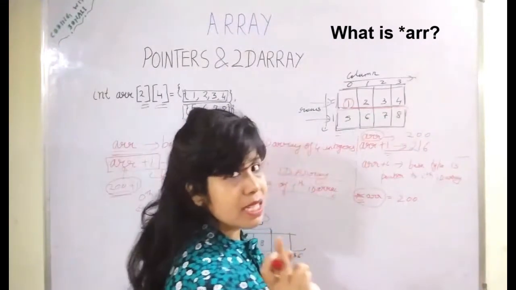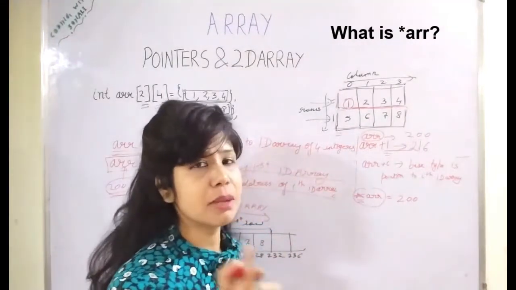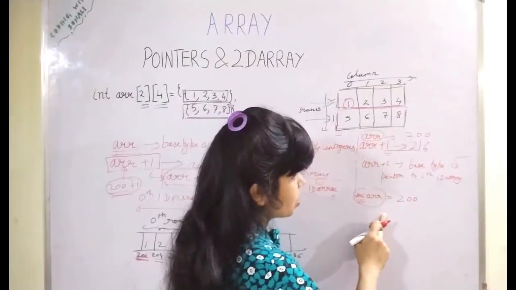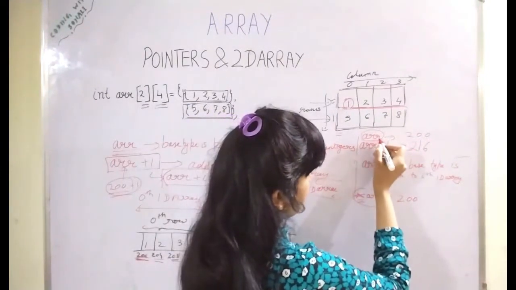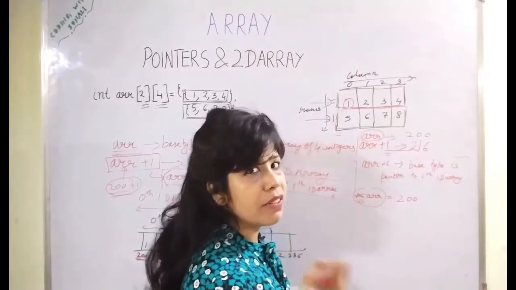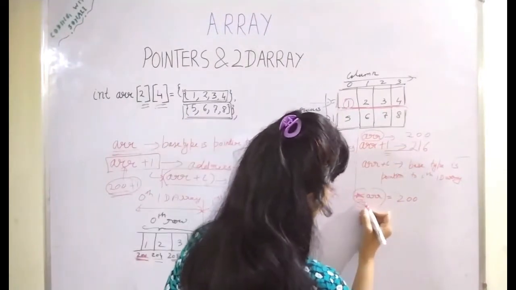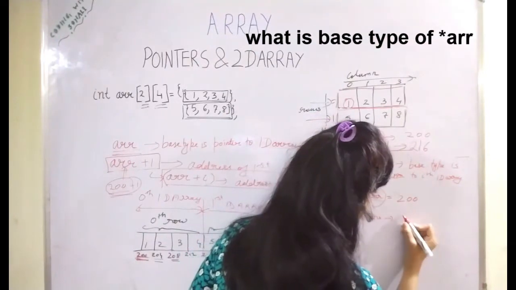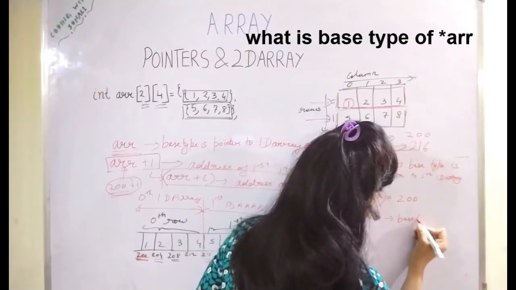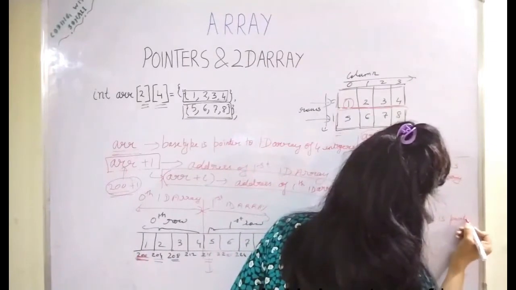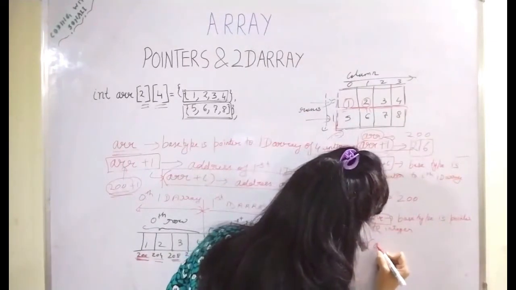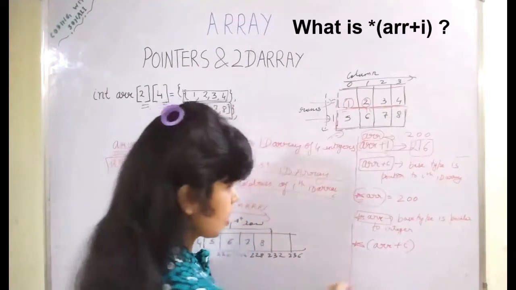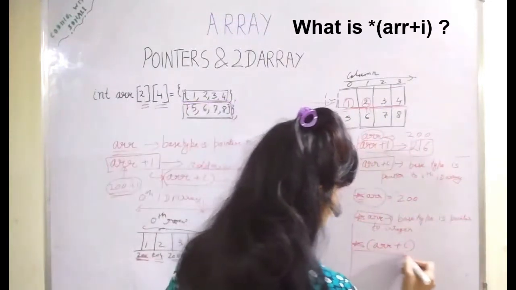Since I told you that arithmetic operations depend upon the base type of the variable you are using, here we know that the base type of ARR is a pointer to the 1D array. The base type of star of ARR is simply a pointer to integer. So if I do star of ARR plus I, what will be the result?